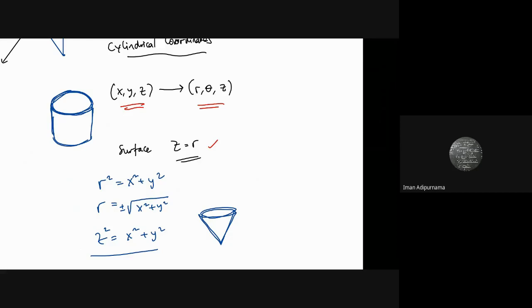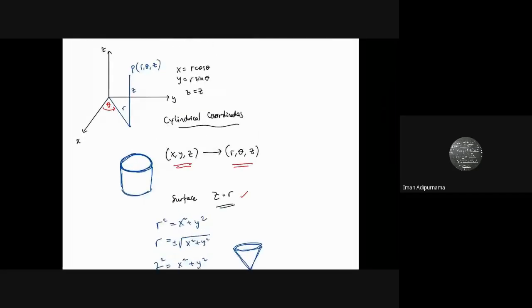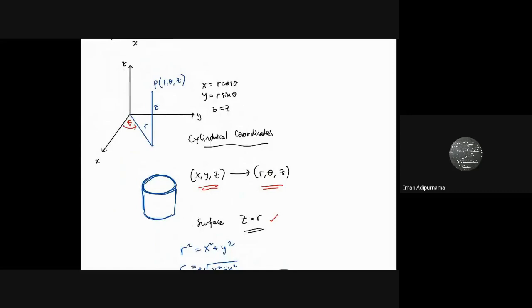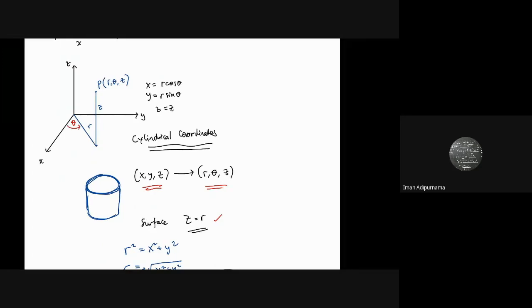I think this is just the intro to a new coordinate system, called cylindrical coordinates, in which you have r, theta, and z. And maybe on Wednesday, I will tell you that in polar you have r dr d theta, and because now you have dz, you need to add dz.